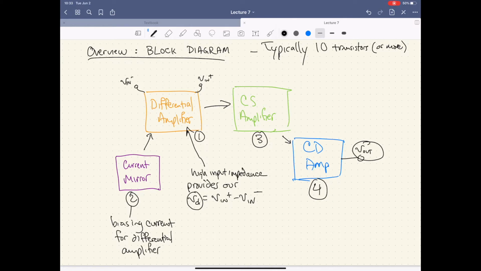All right, and the CS amplifier provides big gains. All right, we do get some gain in here too, but it's the combination of our diff amp and our CS amp that really give us that crazy amount of gain that we need out of this system, that we need out of the op amp.